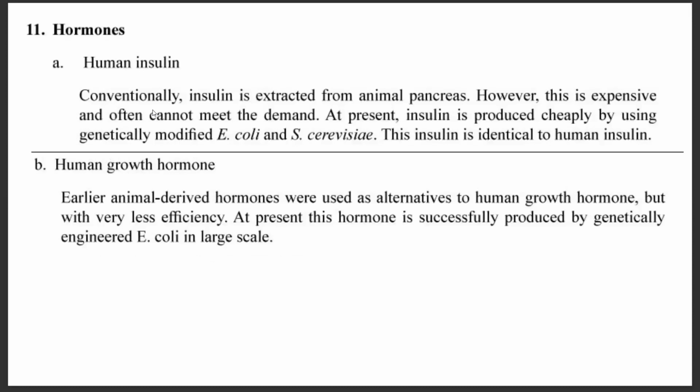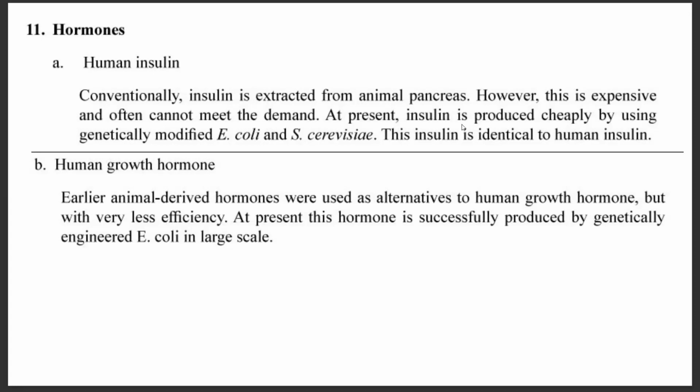Okay. Then hormones. Genetically modified microorganisms. Human insulin. Human insulin is extracted from animal pancreas. Extracting insulin from animal pancreas is very expensive, right? And the demand is higher than the required amount, right?